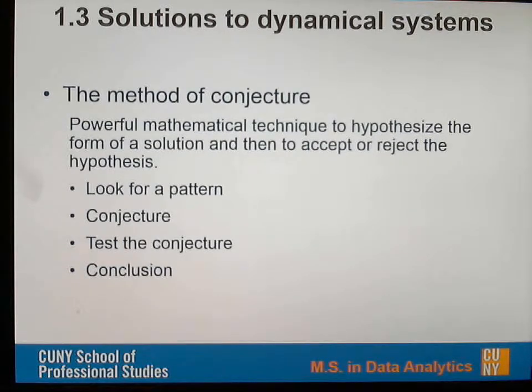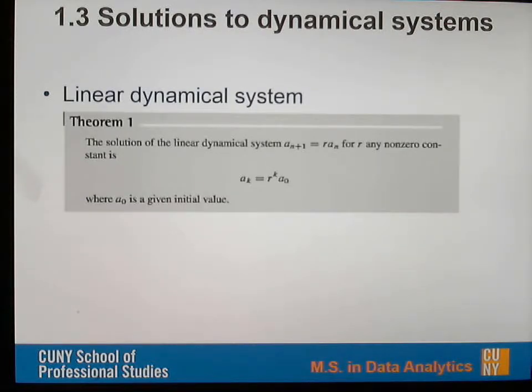The conjecture itself could be a math modeling process. Now here it says linear dynamic system, an plus 1 equals r times an, where r is any non-zero constant, so that ak is r to the power k times a0. I believe you have learned this in high school and hopefully in your undergraduate studies as well.